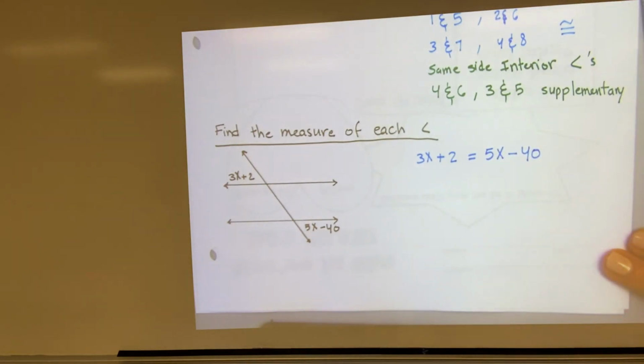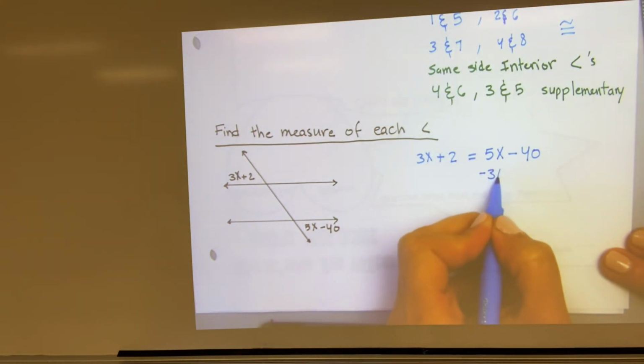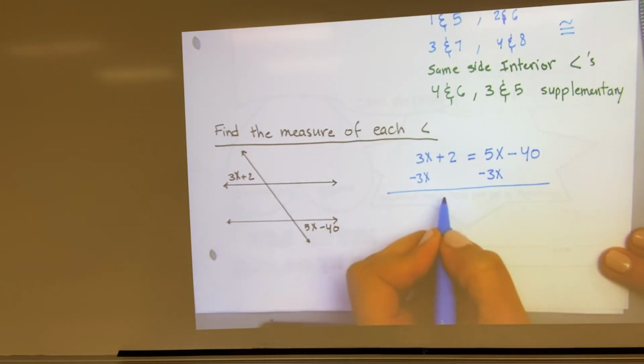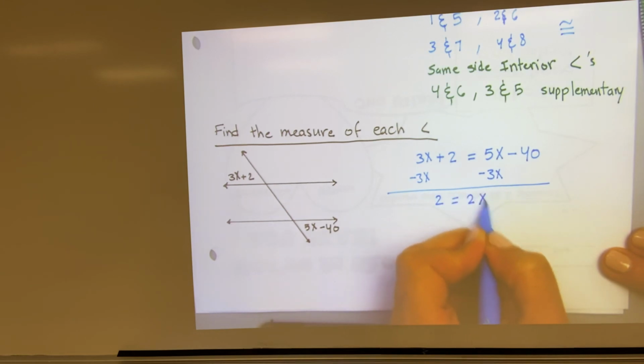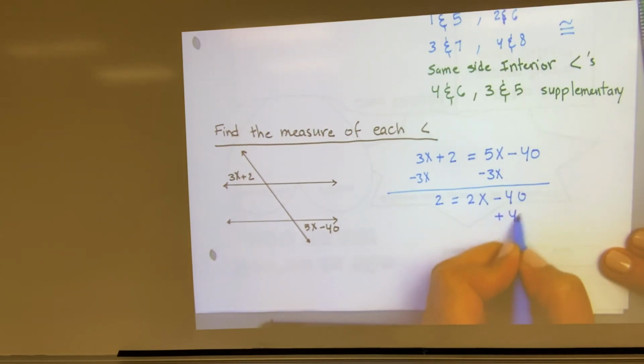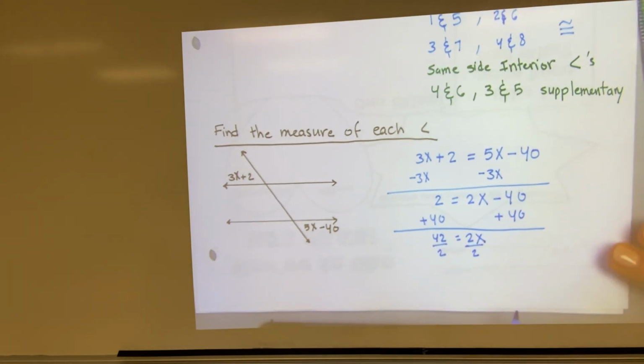Okay, and I can simply solve by subtracting 3x on both sides. So I'll have 2 equals 2x minus 40, then add 40 to both sides, and that will give me 42 equals 2x. Next I can divide both sides by 2, I know that x is 21.